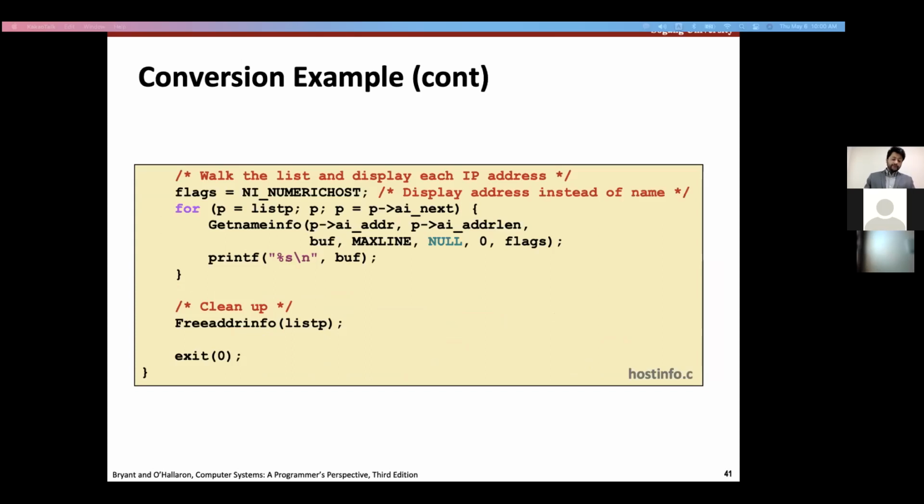We should be very careful about this, so you can clean up the whole linked list that you initially created. Although for this simple program it is not strictly necessary to call free address information, it's best practice to apply it when you write programs with these get address and get name conversions.